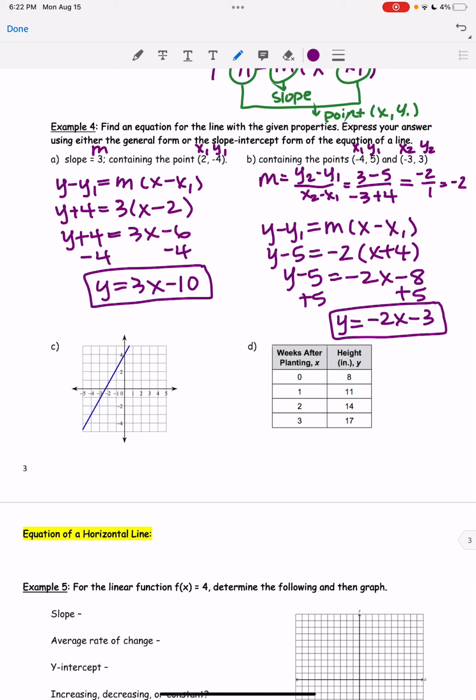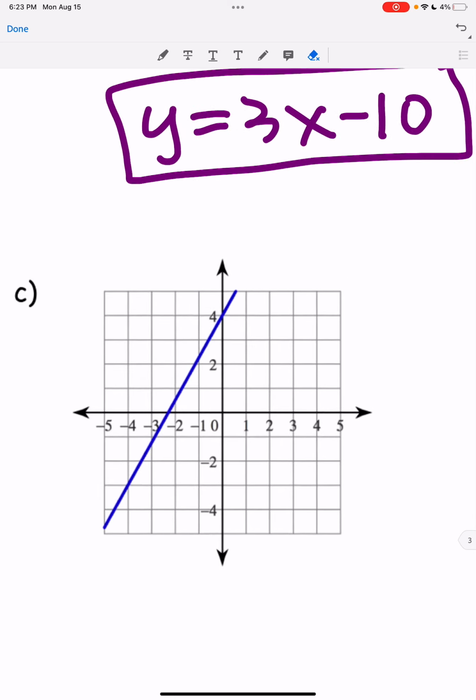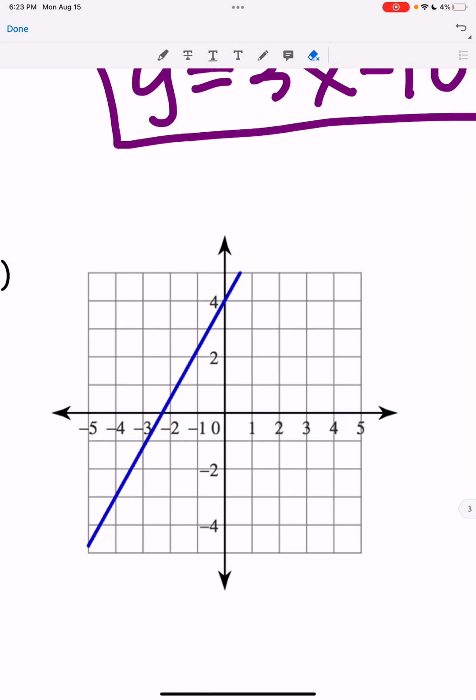Now with C, we could do the same thing that we just did here. I could find my 2 points, and it looks like we have a point here, and we have a point here. I almost said here, but that's not quite perfect.